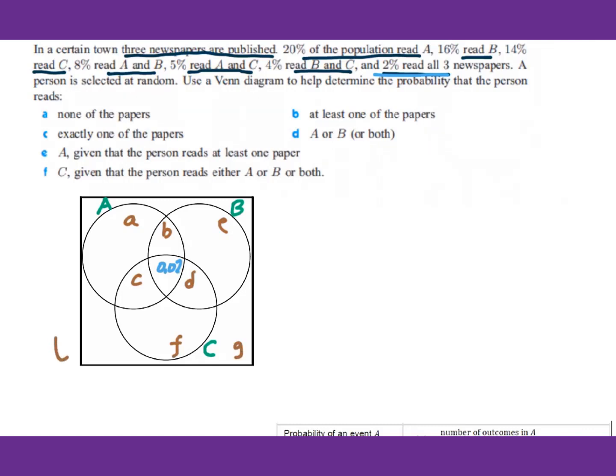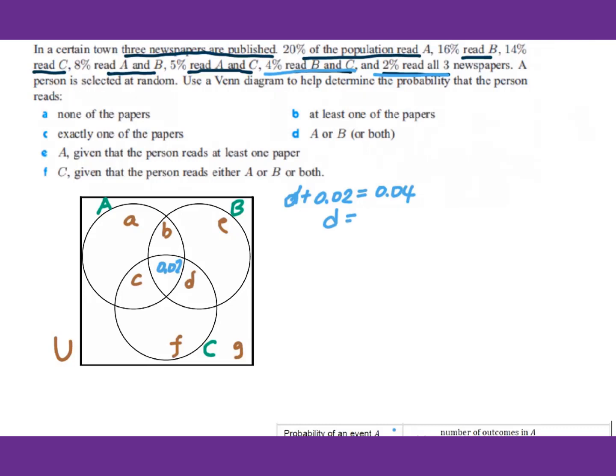Here is the universal set. According to the given information, 4% read B and C. They didn't say read only B and C. So for BC, D plus 0.02 equals 0.04.